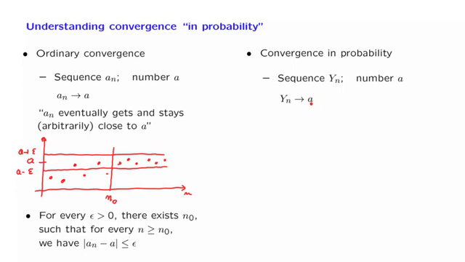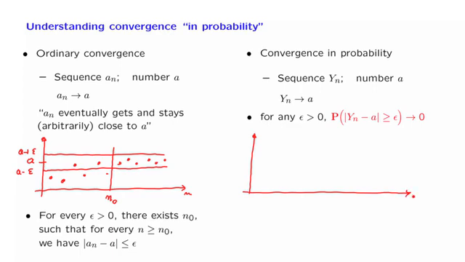In words, what this means is that if I fix a certain epsilon, as in this picture, then the probability that a random variable falls outside this band converges to zero. So the picture would be as follows. We have again our limit. We fix some epsilon, which could be an arbitrarily small number.